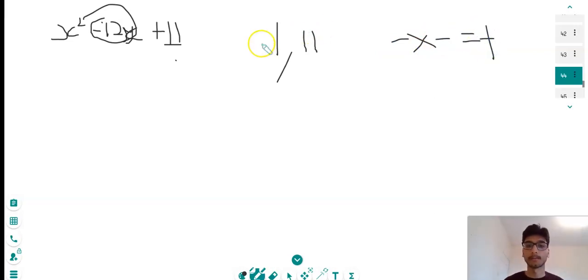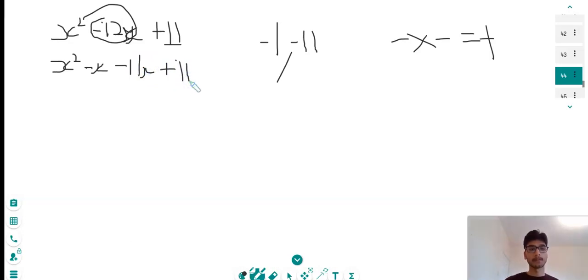So immediately we can switch these into negative numbers. So we get minus 1 and minus 11. And we can check this works because minus 1 minus 11 gets you minus 12, and minus 1 times minus 11 gets you 11. So now we can use those to split the middle term. So we have x squared minus x minus 11x plus 11.